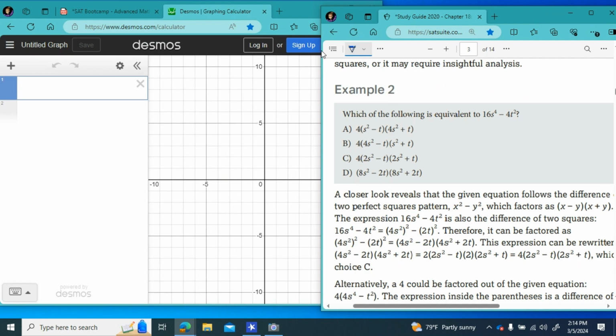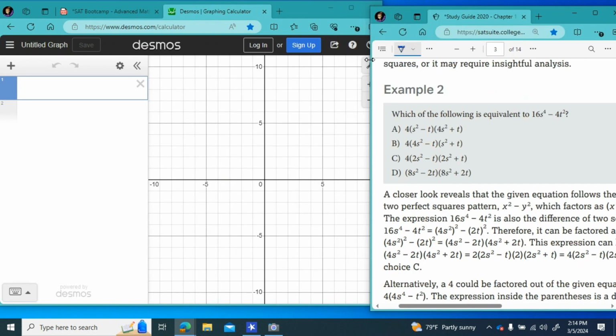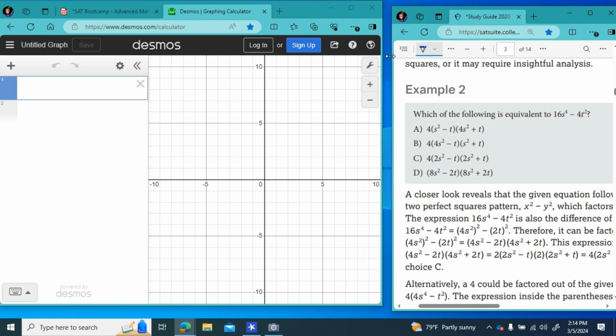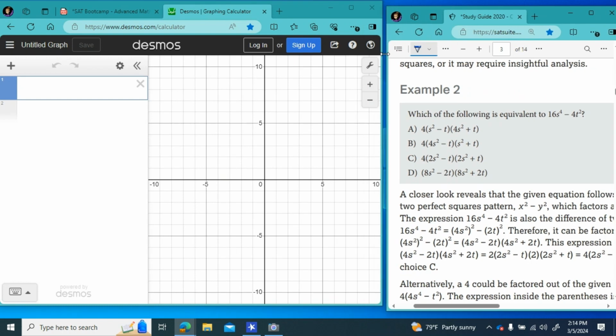And example number 2. So when I have this, I'm going to use my pick a number strategy, or I could use my graphing strategy. Either way, I'll find the correct answer.